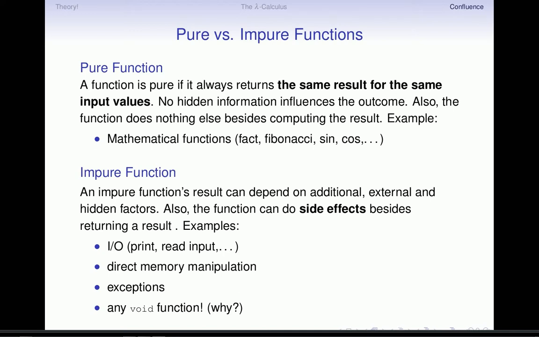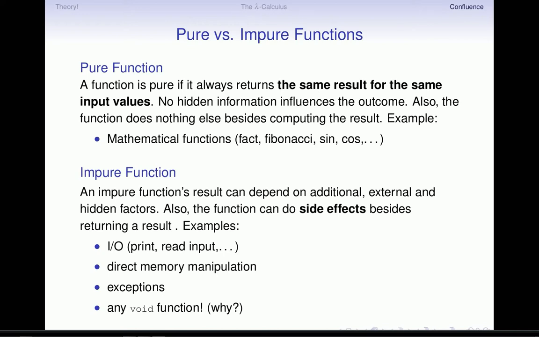It reads input from input devices and may also return some result that is different every time depending on the input it has read. Also, direct memory manipulation is an impure function because it not only returns a value, but it also changes the state of the machine. Exceptions are a different example because a function may either return a value or an exception value depending on what the input value is. Also, any void function is an impure function.